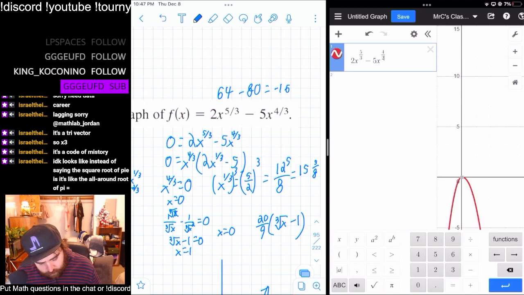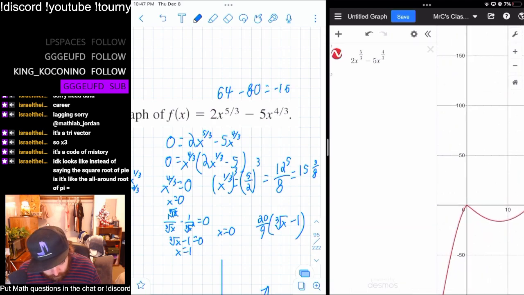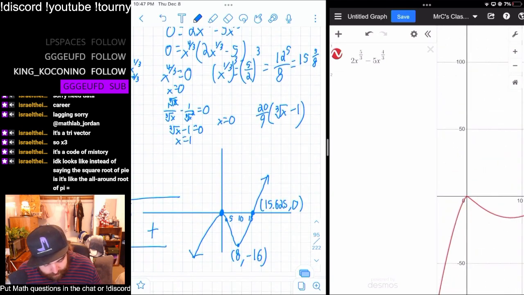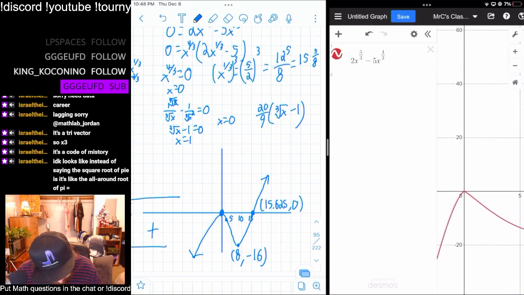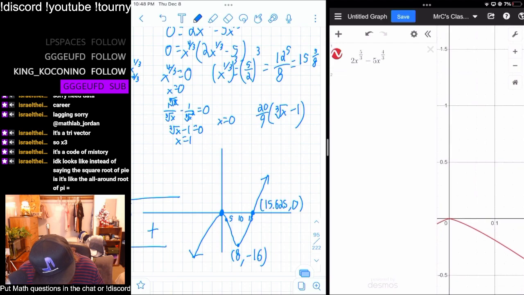5x raised to the 4/3. Ooh, I did 4/2. 4/3. Is that what we found? Yeah. It just makes it weirdly sharp there. That's not sharp. That's still a curve, right?